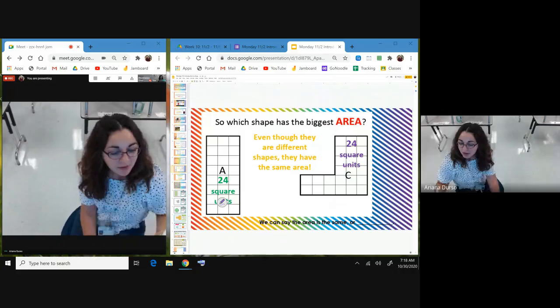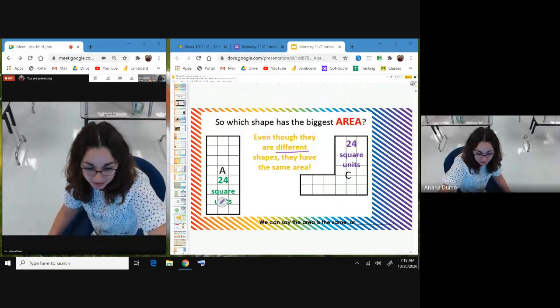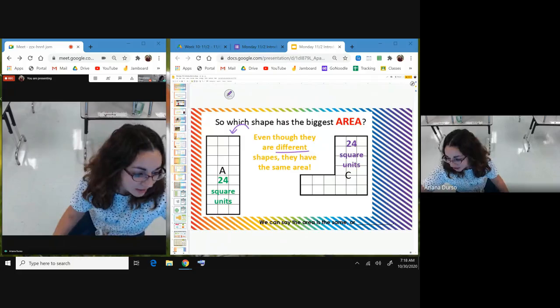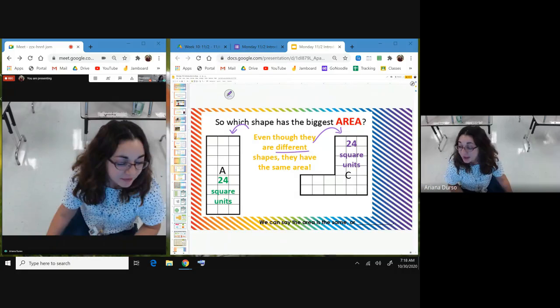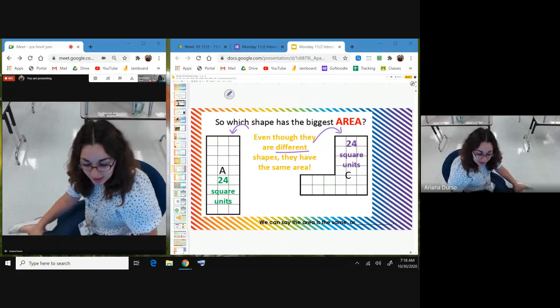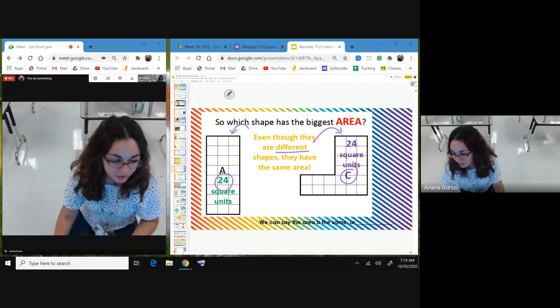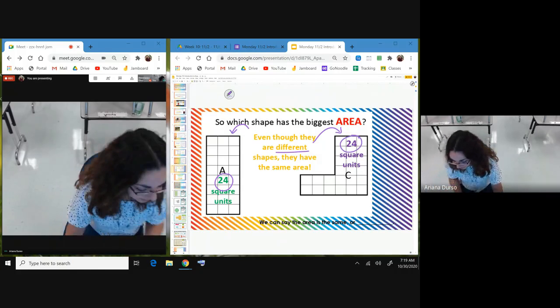Even though they're different shapes, this one is a rectangle, and this one is kind of an L shape, they have the same area. Shape A has an area of 24 square units, and shape C has an area of 24 square units.